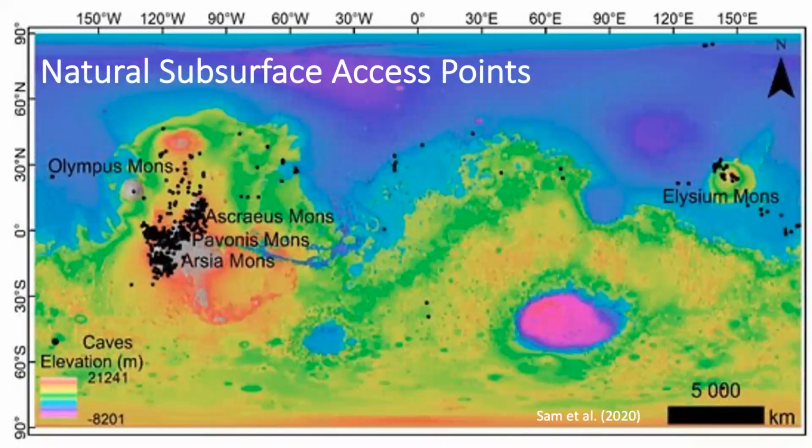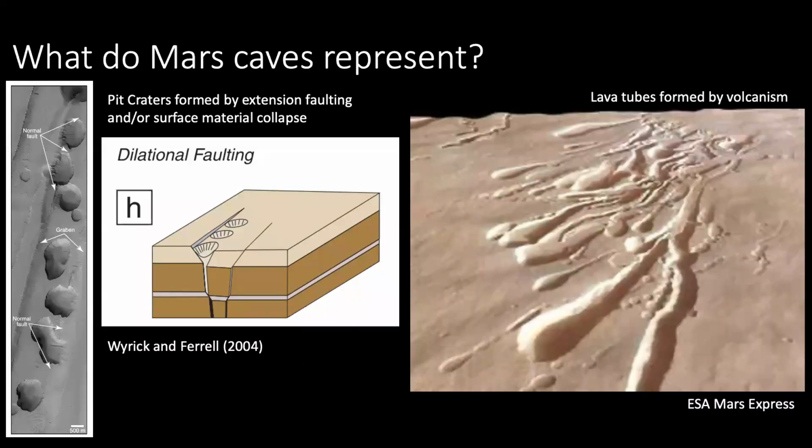These access points may be caves. They may also be pit crater chains, so just vertical collapse features. So what does that look like? Well, pit craters can form in a number of ways, all of which really are related to loss of support for surface material and collapse. In the example I'm showing on the left-hand side, you can see a normal fault.